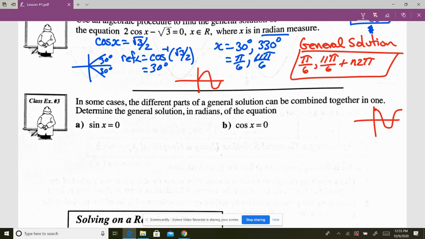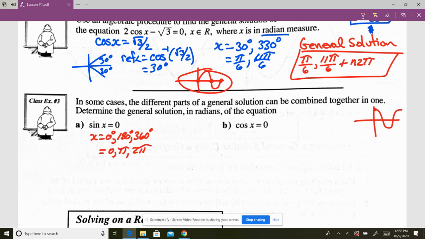Sine of x equals 0. Where on the sine graph is it equal to 0? 0 is one of them. And so right away, you can just go 0, 180, and 360. Those would be in rads, 0, pi, 2 pi.